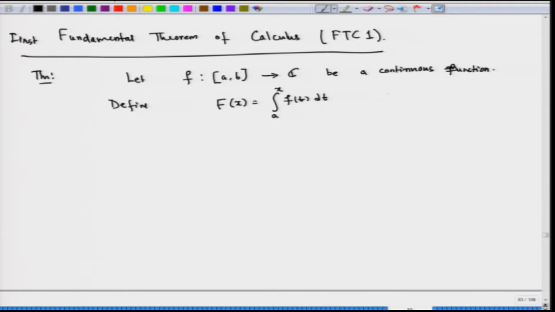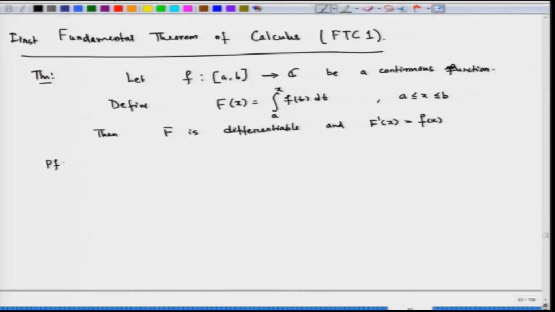Because f is a continuous function, this is Riemann integrable, therefore, for a less or equal to x less or equal to b, x a point between a and b, then capital F is differentiable and F prime of x is nothing but equal to f of x. That means this capital F is nothing but the antiderivative of f.